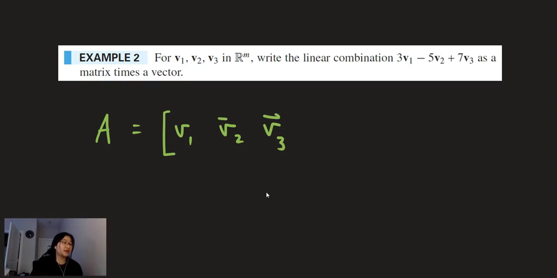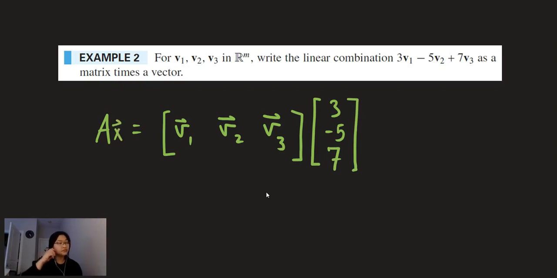And since we're handwriting, I'm going to throw the little vector symbol on top to show that these are each vectors. And we're multiplying by what? We need to weight v1 by 3, we need to weight v2 by negative 5, and we need to weight v3 by 7.